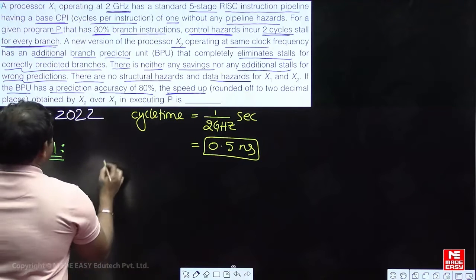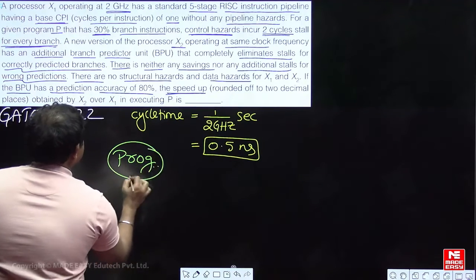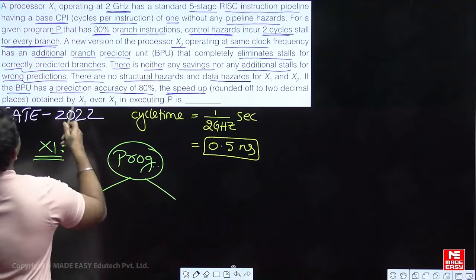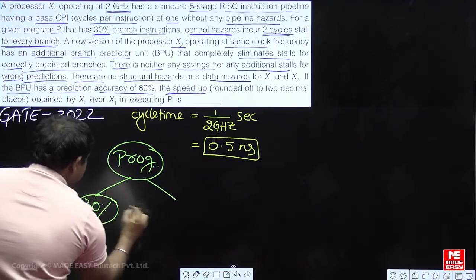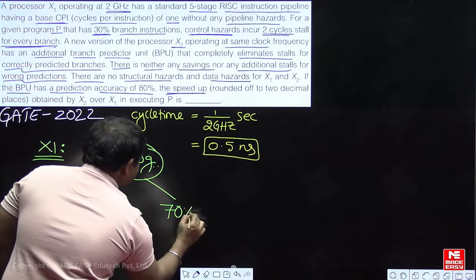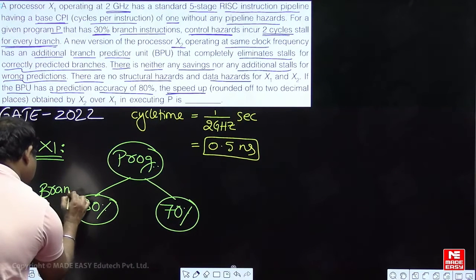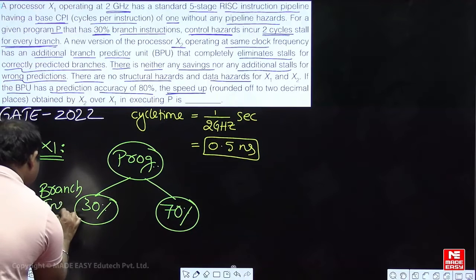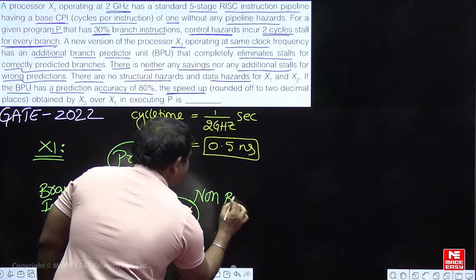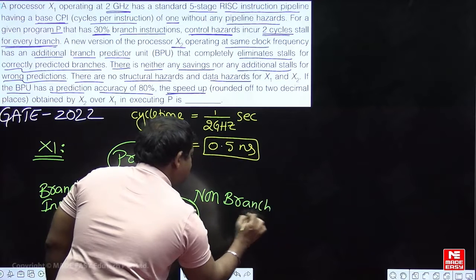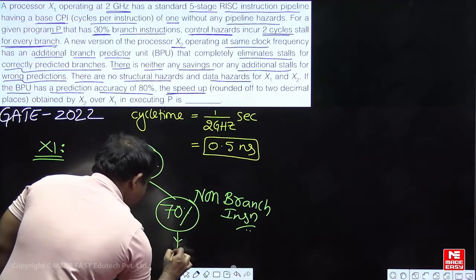Here there is a program which contains 30% branch instructions. So 70% are non-branch instructions. Non-branch instructions do not create any stalls, 0 stalls.